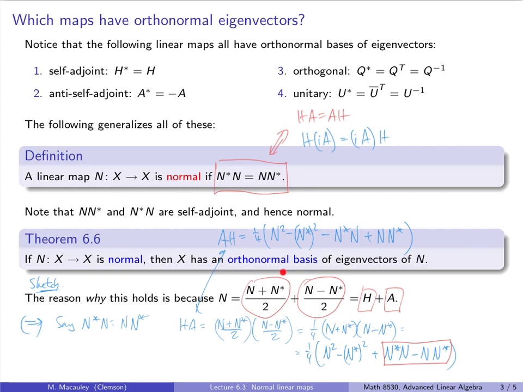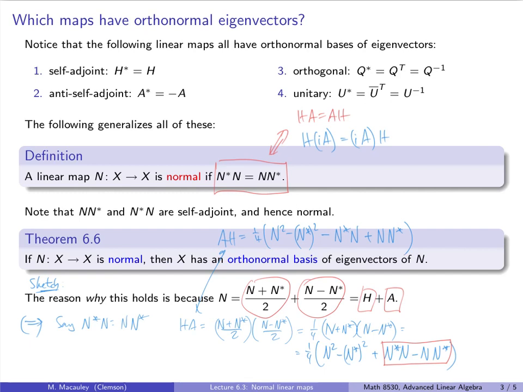So once again, I claim that this theorem states the forward direction, but I claim that the converse holds as well. So this property of N commuting with its adjoint is precisely what is needed for there to be an orthonormal basis of eigenvectors. And to show that, I think it's easier to use the algebra.